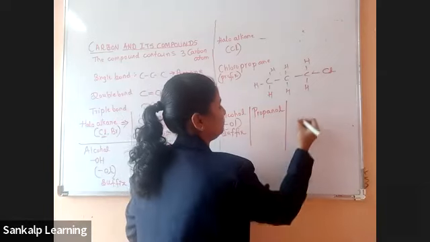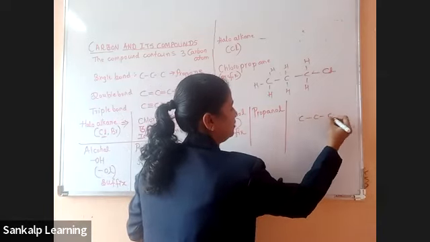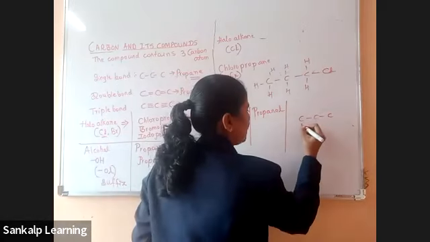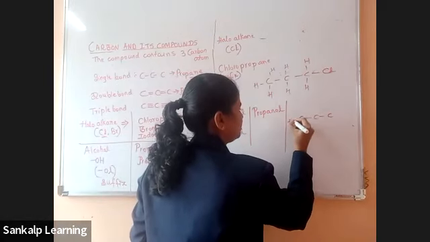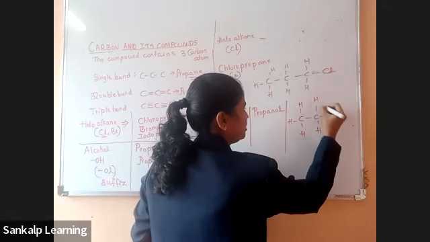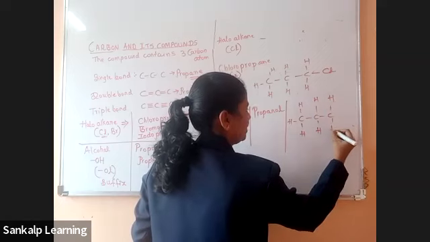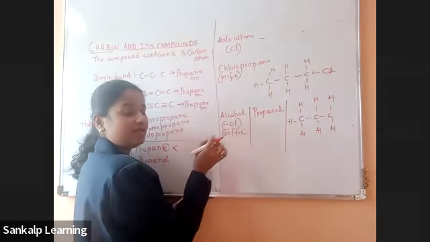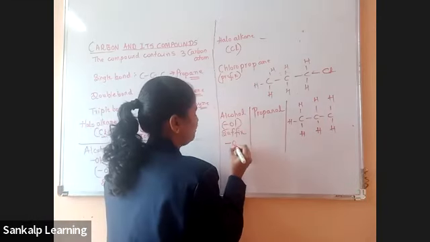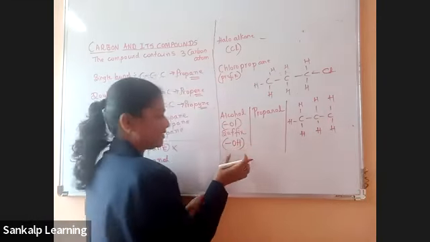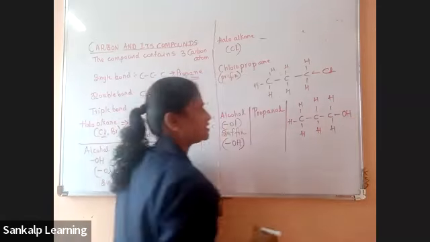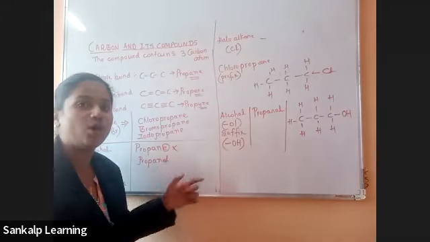Then the structure, as same, 3 carbon atoms linked by a single bond. Okay. Next, H, H, H, H, H, H, H. One hydrogen will be attached with the alcohol group. So what is the indication or representation? OH. So here OH. This is a structural formula of propanol.